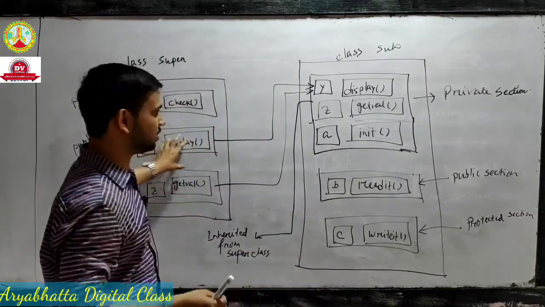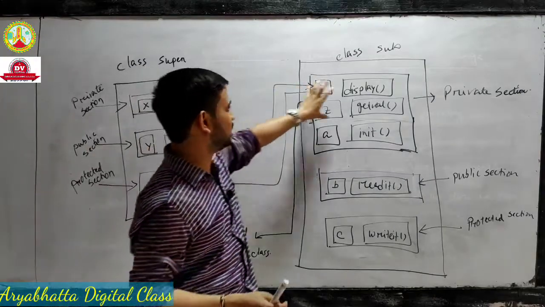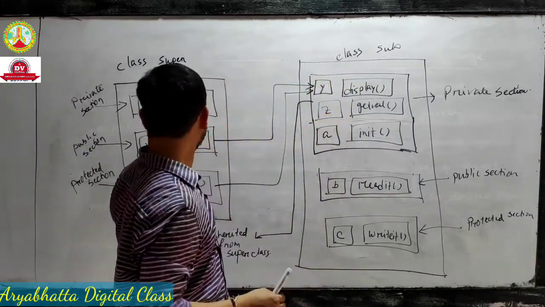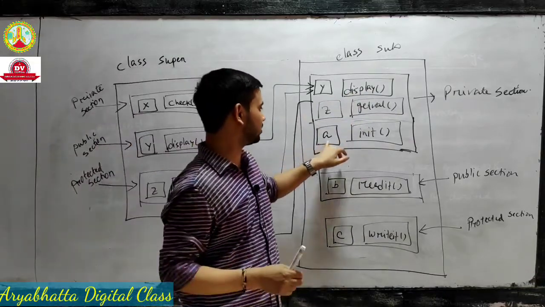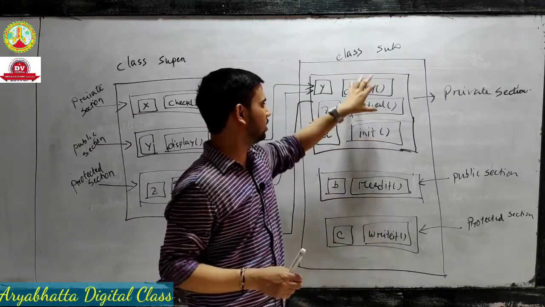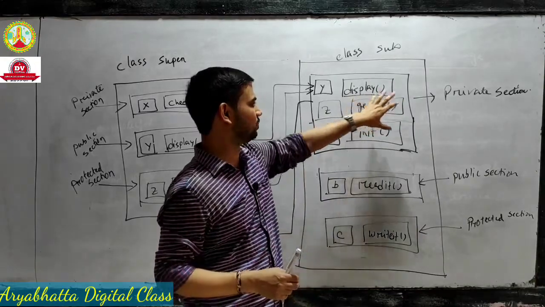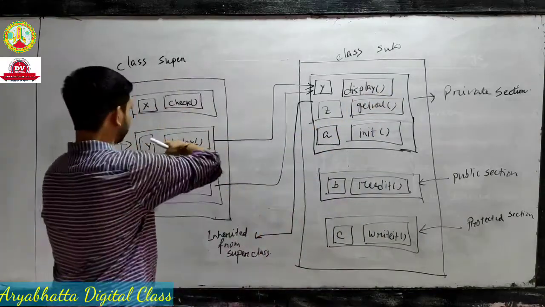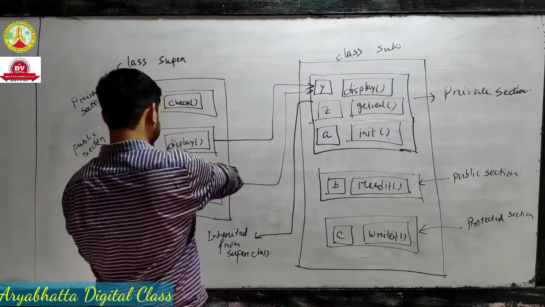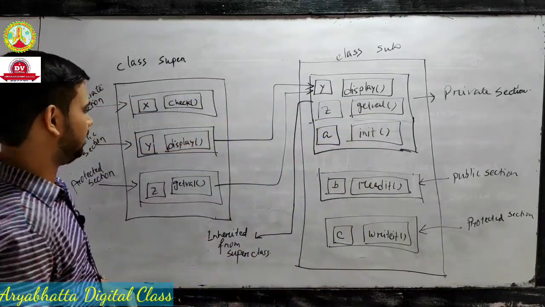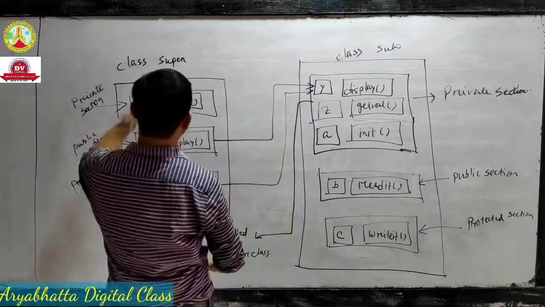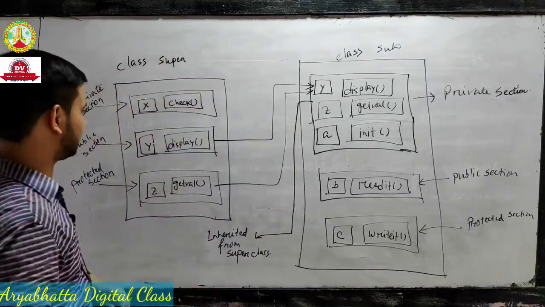That's why public and protected both go to the private section. Means Y and Z data members and display and get below member functions, and this created data member and member function, all three will be under the private section. Your public goes to private and the protected section also goes to private, right? And this is inherited from the base class, means superclass.